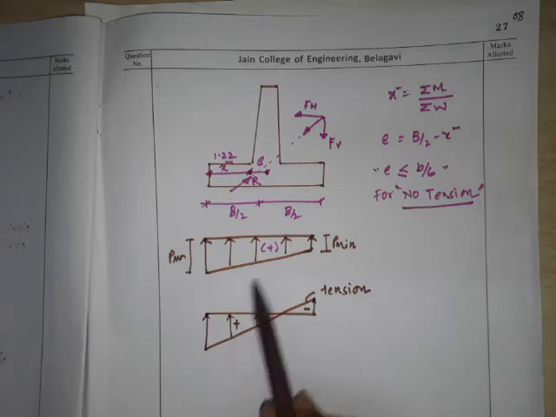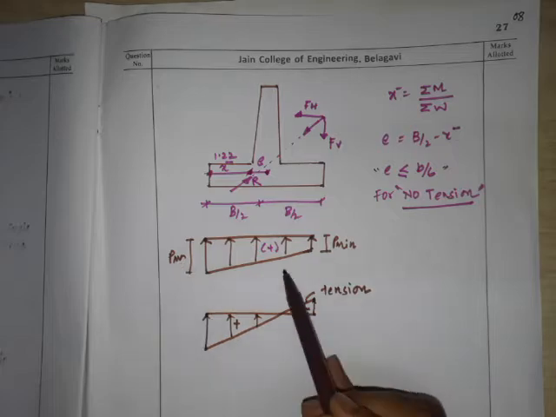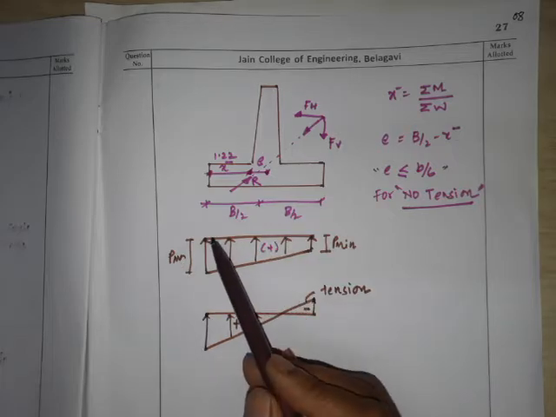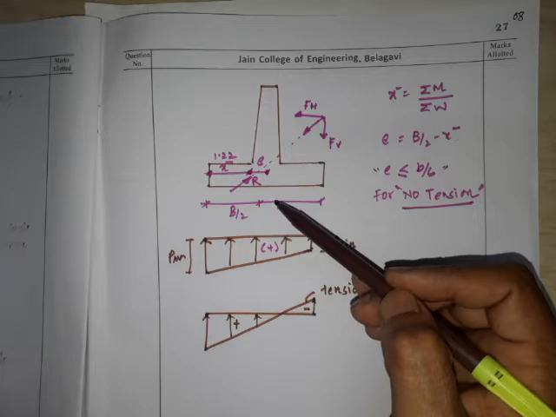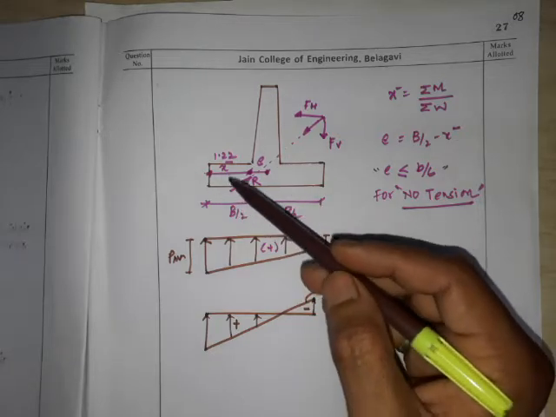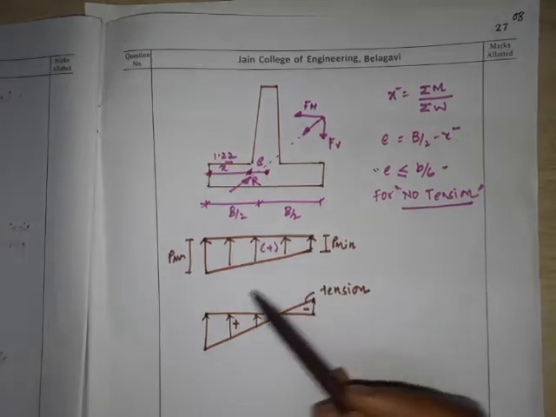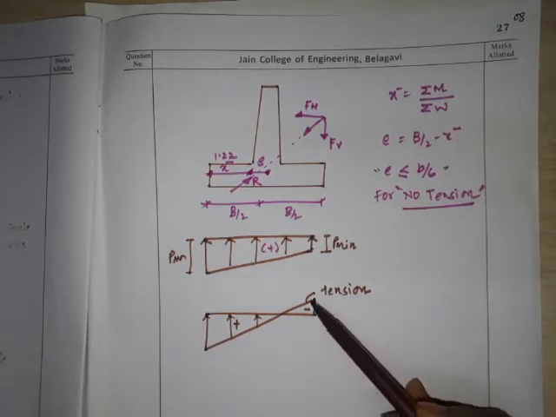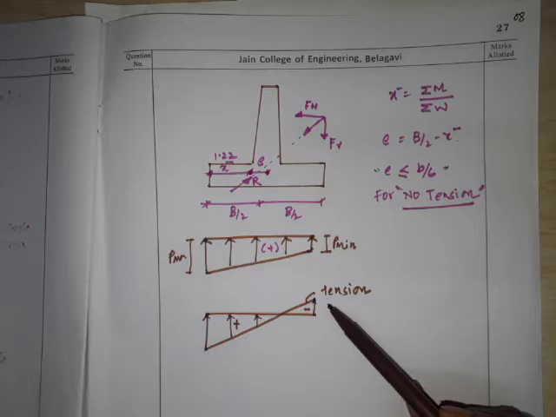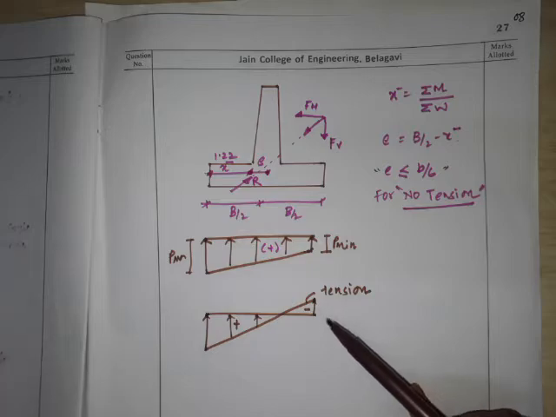Are you getting? In the normal case, the soil will react in the opposite direction to the vertical load or the forces, so it will be in a compatible form. But in this case, what is happening? Soil is not capable to resist the vertical load. So it may settle or it may fail.